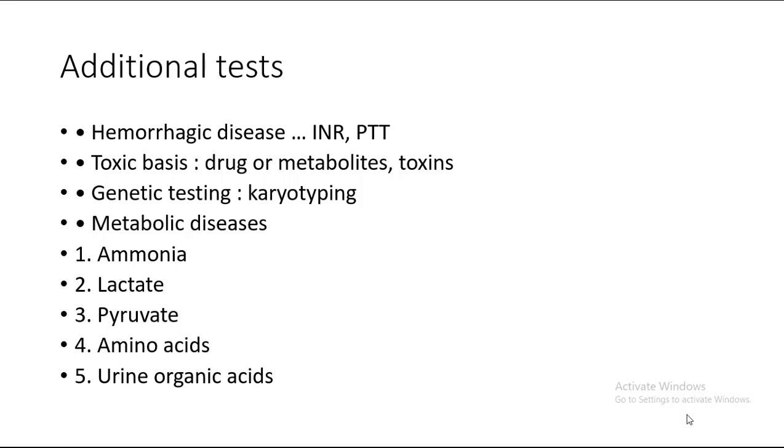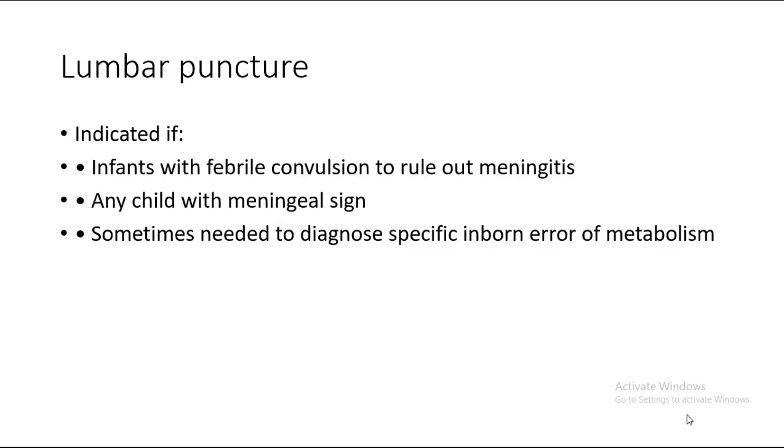Genetic testing like karyotyping, or for metabolic disease. If there is a suspicion of metabolic diseases, then we have to analyze these 5 initial and essential tests. We mentioned lumbar puncture.